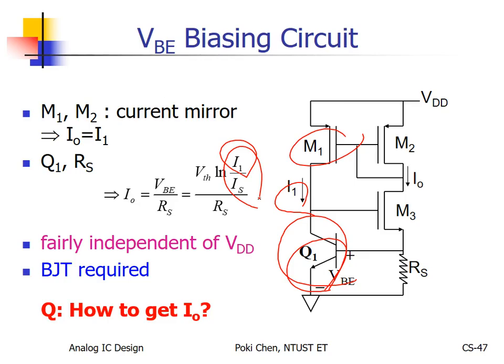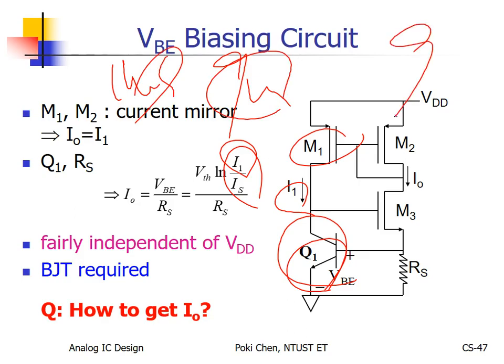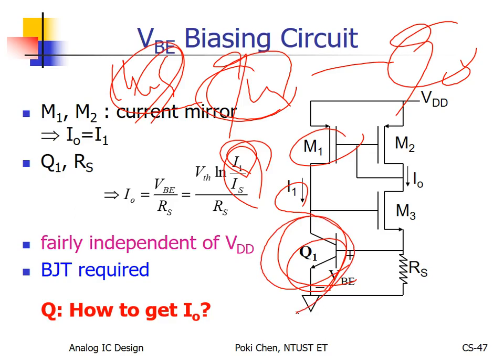You cannot match, even for a MOSFET, my gm to your gout. They belong to the same MOSFET, but you cannot match this to that. You can only match the same parameters of the same devices. So you cannot match the current for this and the current for that, because one is a MOSFET, the other is a BJT.